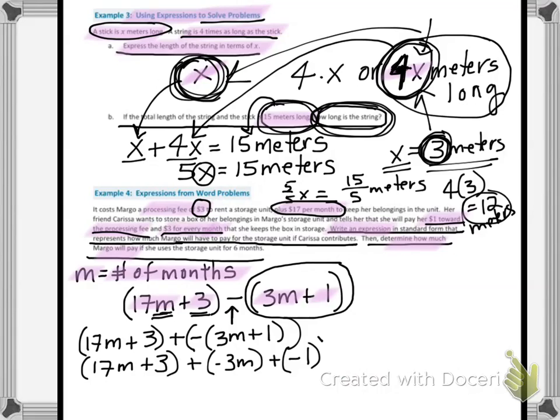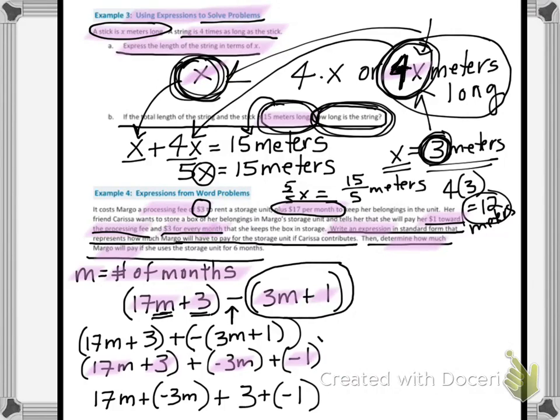And yeah, that's fine. So now we have our separate terms. And then if we combine those terms, we have 17M plus negative 3M, because I am just commuting, moving my negative 3M over to be near my 17M, plus 3, that's my $3 there, plus a negative 1.